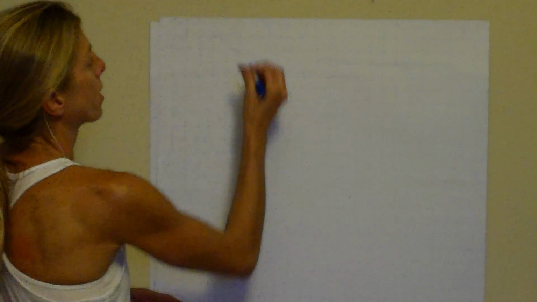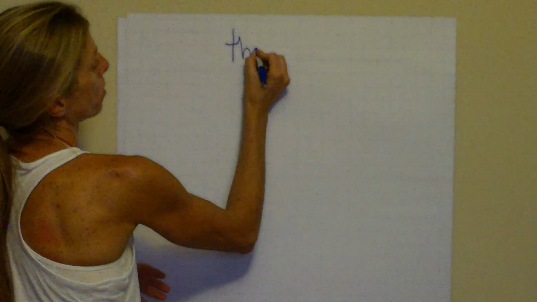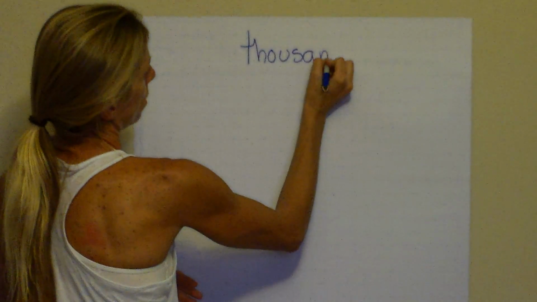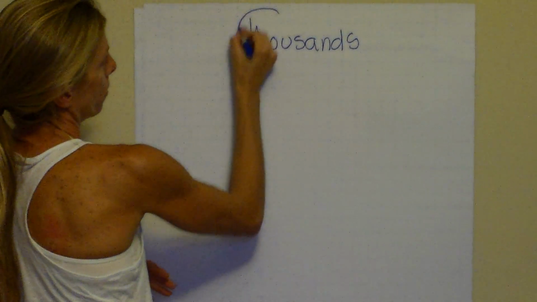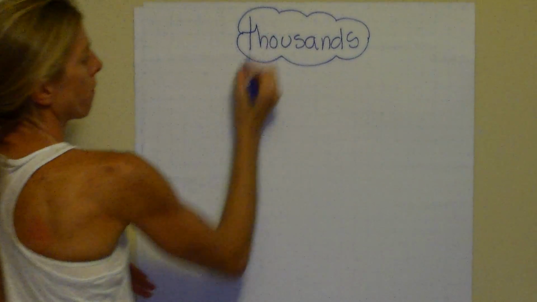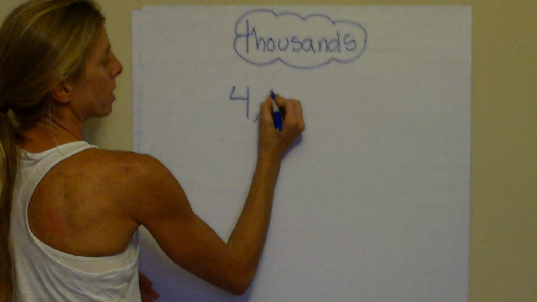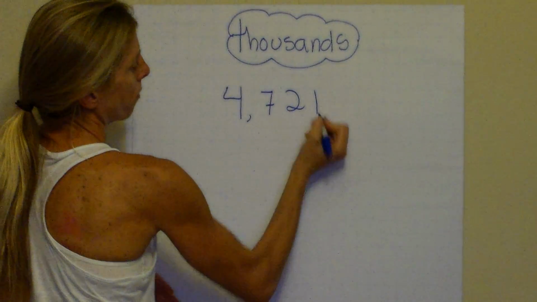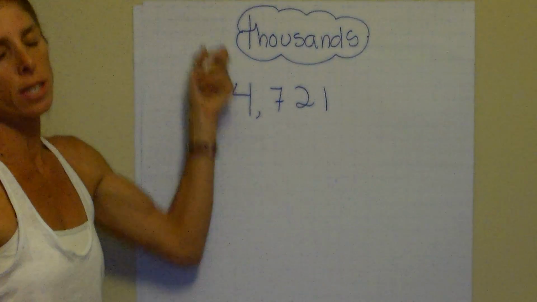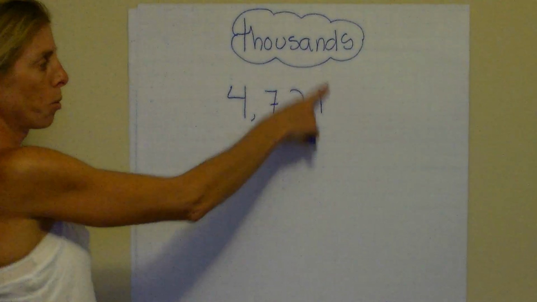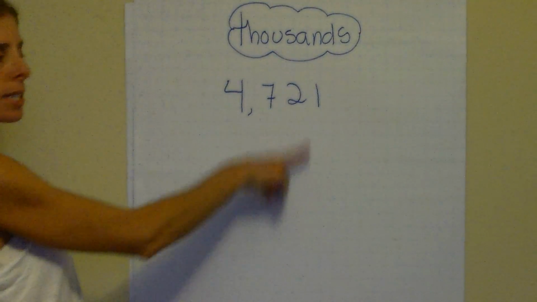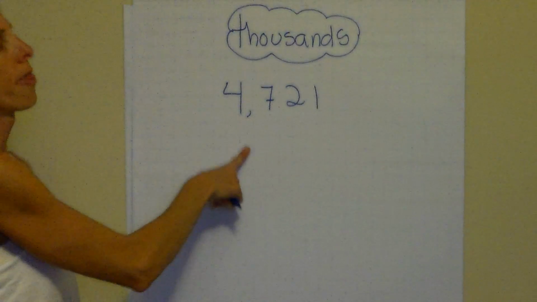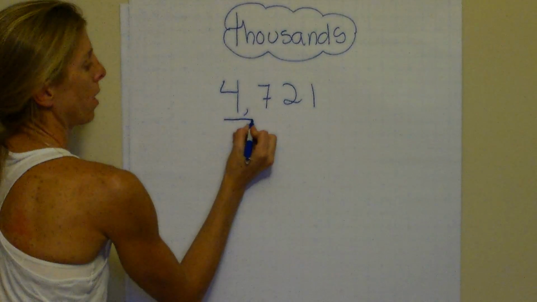We are going to round to the nearest thousands place. Okay, so let's try 4,721. Now if we're rounding to the nearest thousands place, we do ones, tens, hundreds, thousands. You underline it.